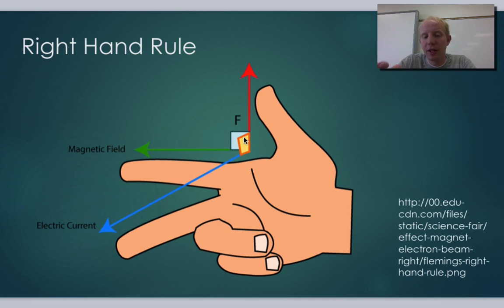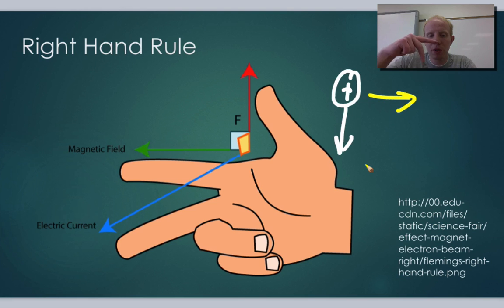In the last problem, we had that the particle was moving down. The charge is moving down, and the field was to the right. So if we're trying to represent that with the right-hand rule, we put our middle finger down with our right hand, like this, because that's the direction of the electron flowing, like it is right here on the screen.